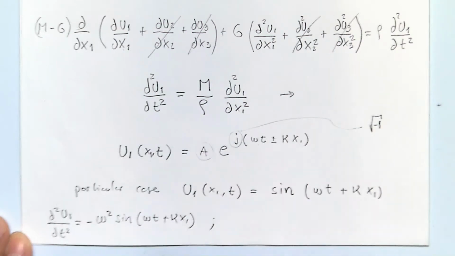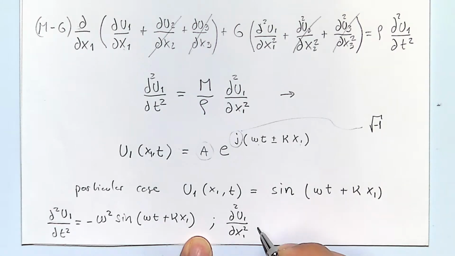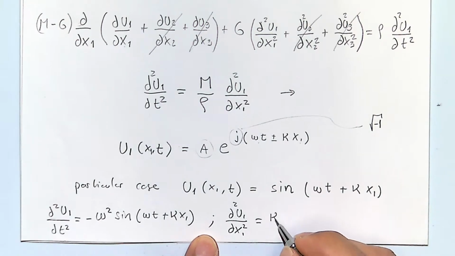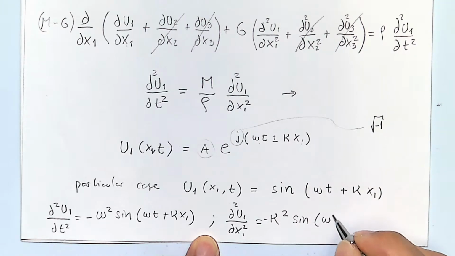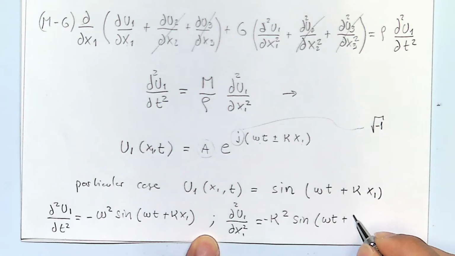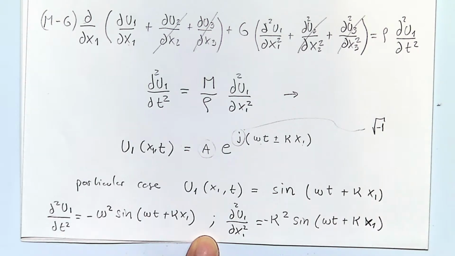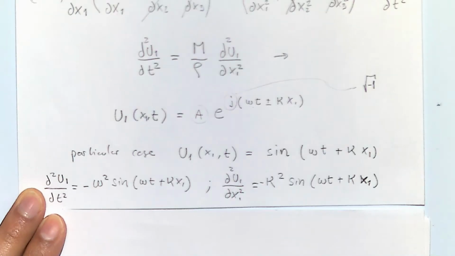And what about the second derivative of u1 with respect to x1 2 times? Sine of wt plus k x1, right?